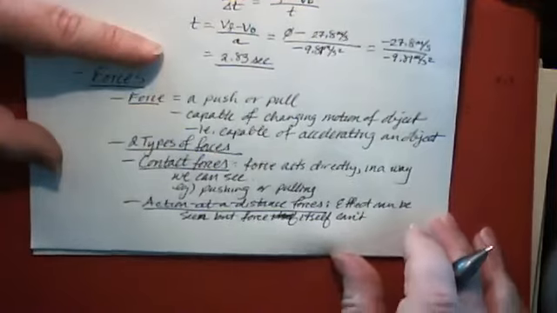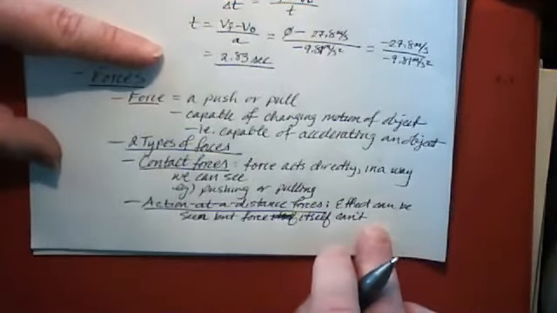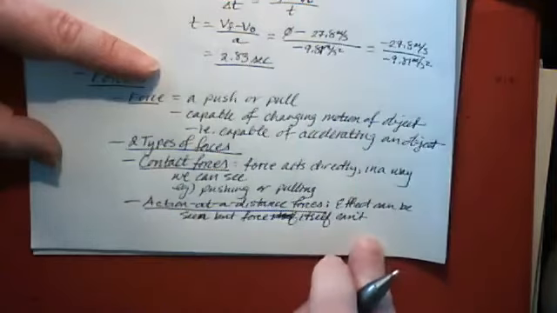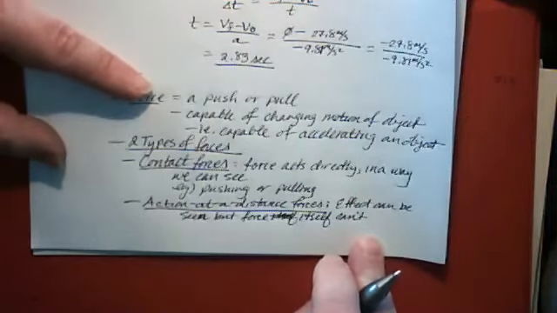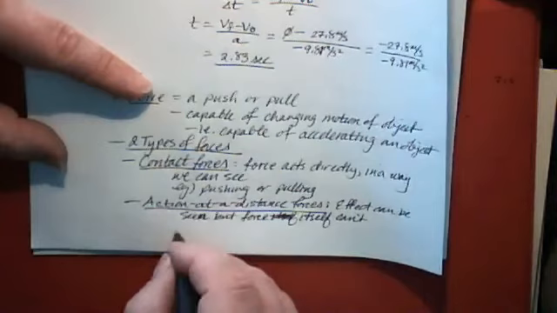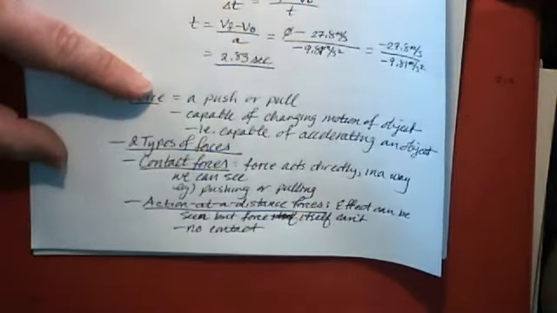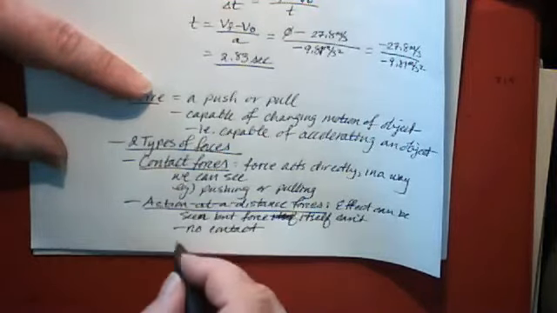And so action at a distance forces are the types of forces where the effects can be seen, but the force itself can't be seen. In other words, there's no contact between any physical manifestation of the force and the object that the force is acting on.